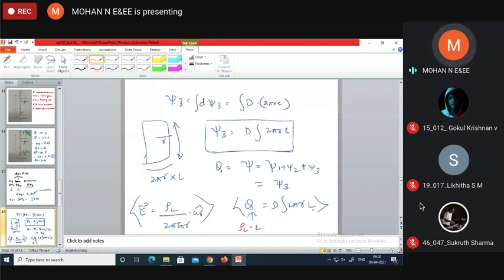R is constant here, and L is varying from 0 to L. Just simplify it and you get this expression. So this is the application of Gauss law in order to find the field intensity due to a line charge. Clear? Any doubts here? This is the small derivation we have done.